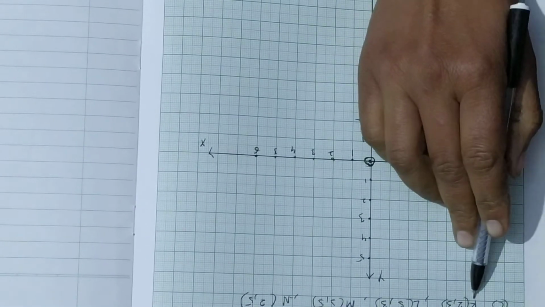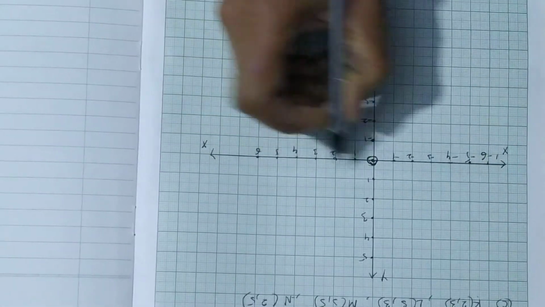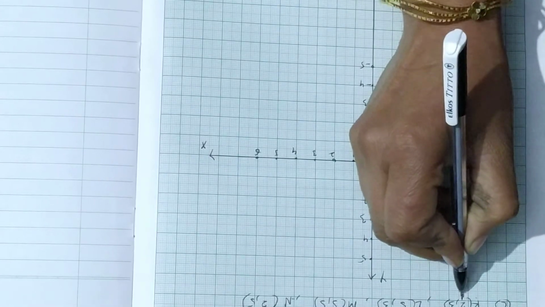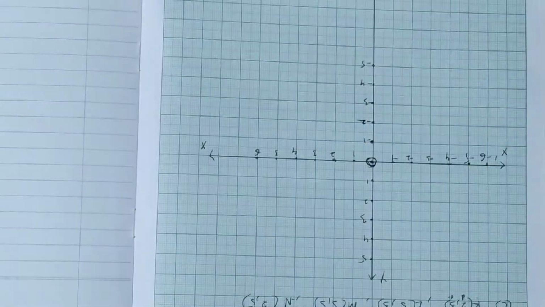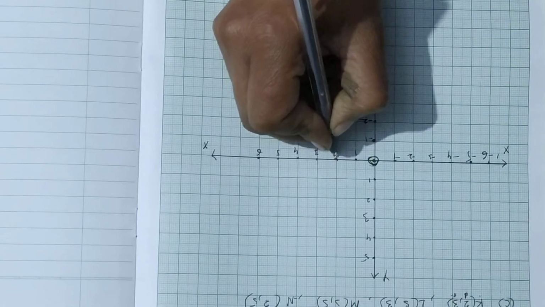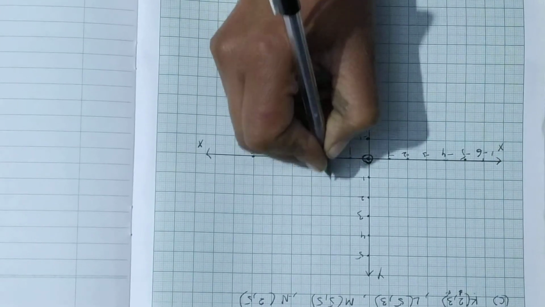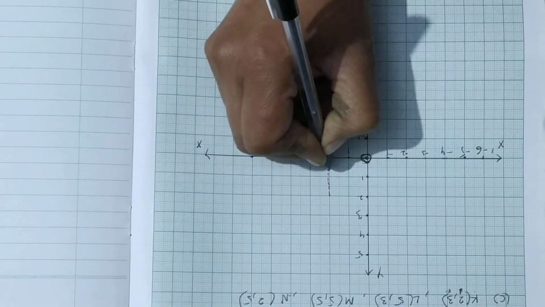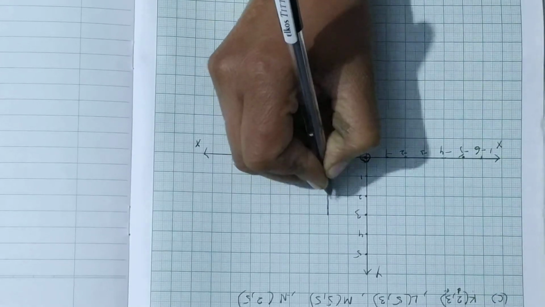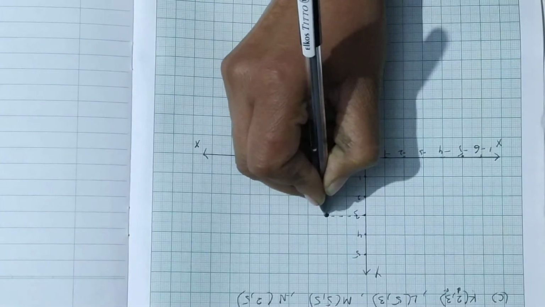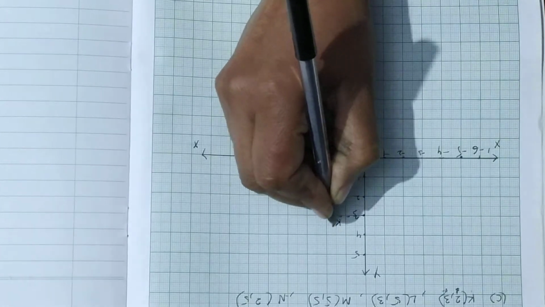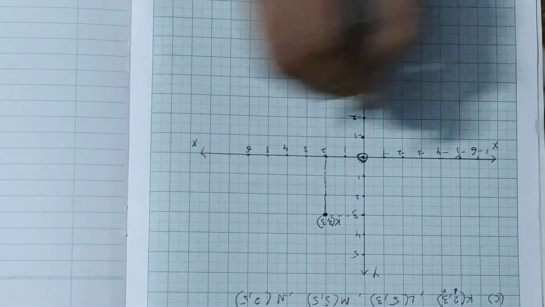The first point is K(2, 3). That means the value of the x coordinate is 2 and the value of the y coordinate is 3. So this point will touch the x-axis at 2. From x is equal to 2 we draw a dotted line, and y is equal to 3. So this will be point K(2, 3).